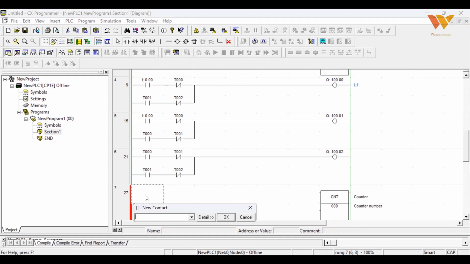What should be the counter input? T3 is input. I'll give T3. Let's see one by one.